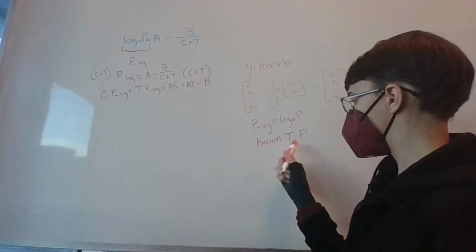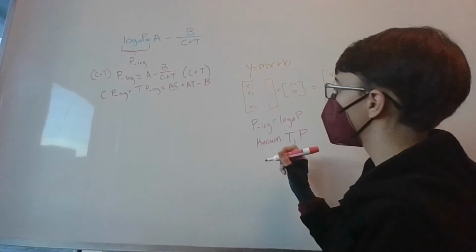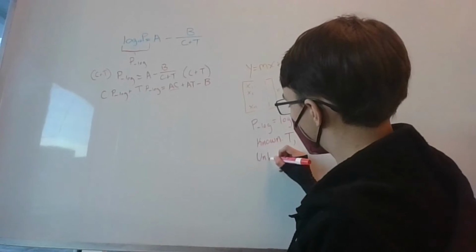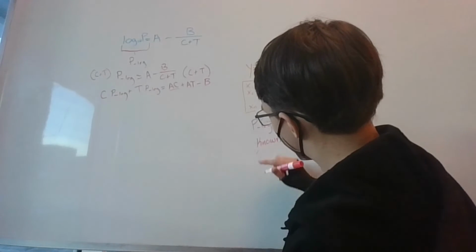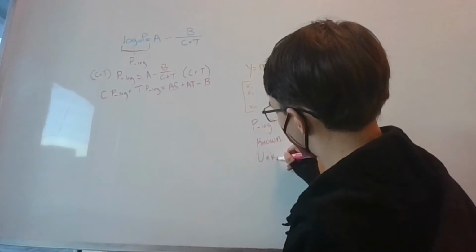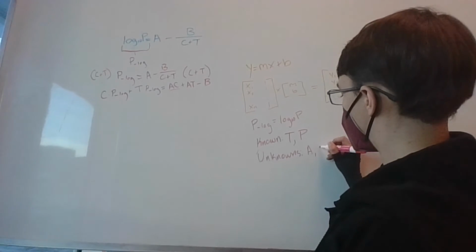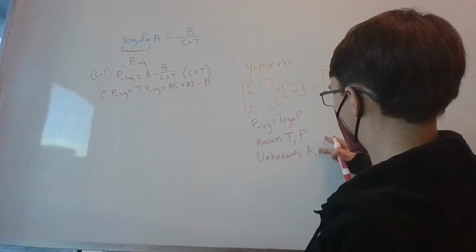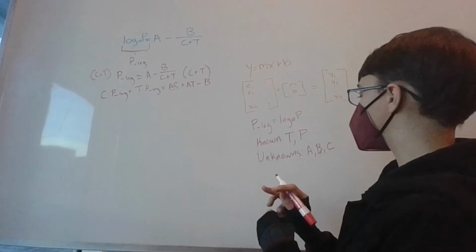So these are going to be experimental values that are given to you, or that you've taken from an experiment of some sort. And then our unknowns are going to be A, B, and C, right?